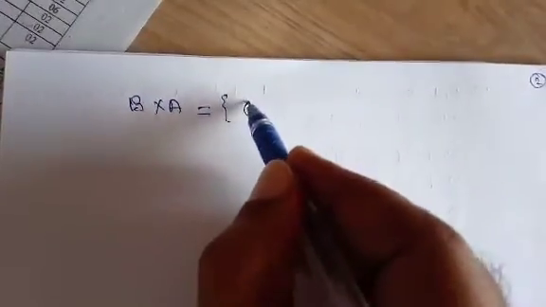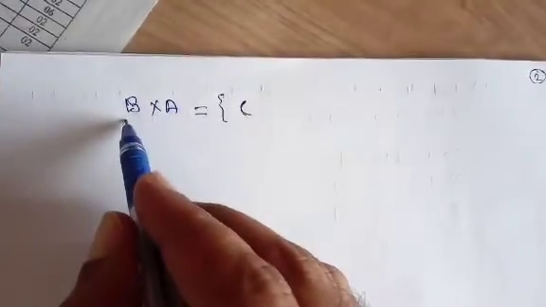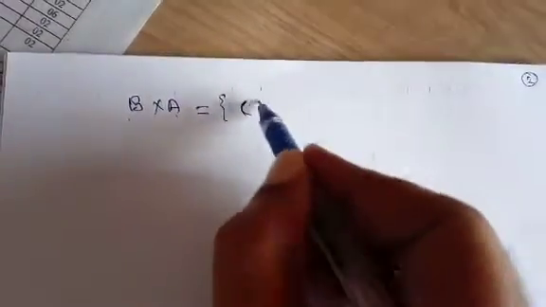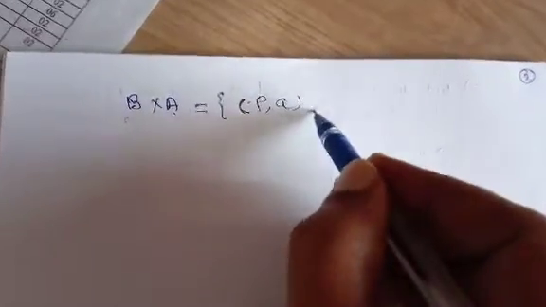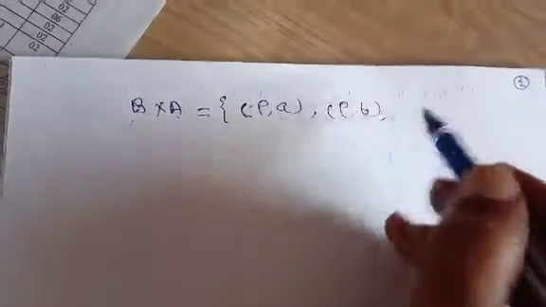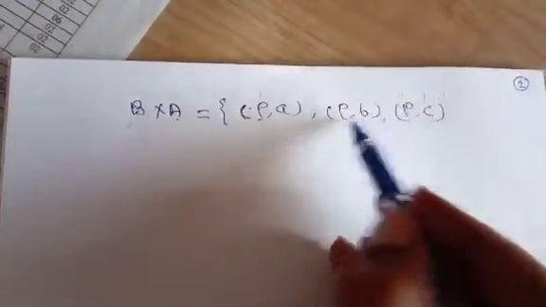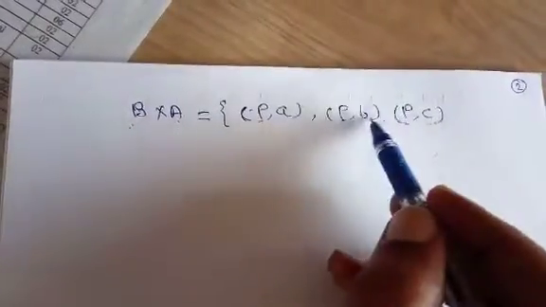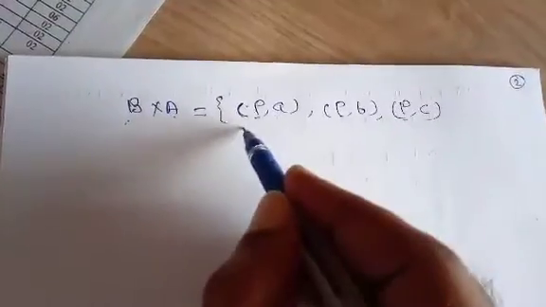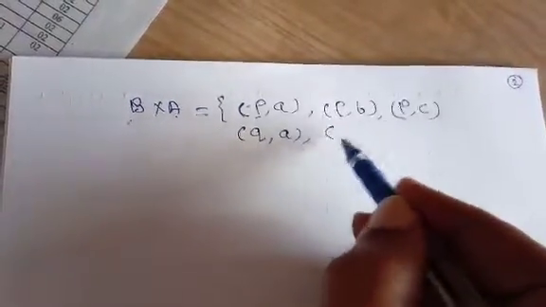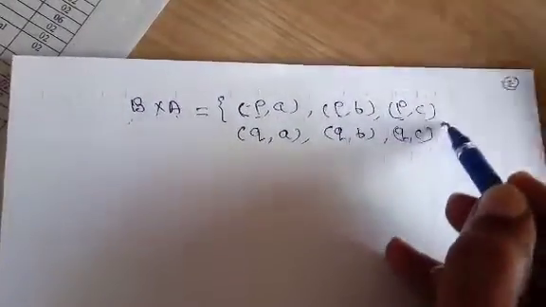Here the first element belongs to B and the second element belongs to A. These are (P, A), (P, B), (P, C), where P belongs to capital B and A, B, C belong to capital A. Another is (Q, A), (Q, B), (Q, C).